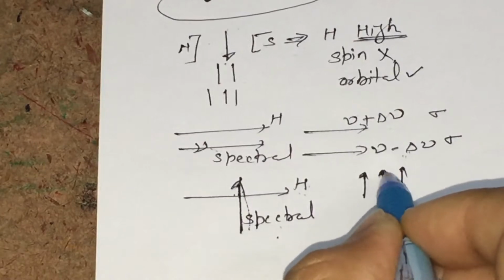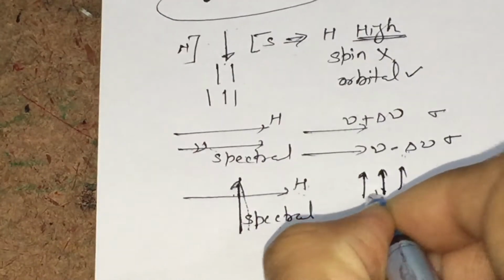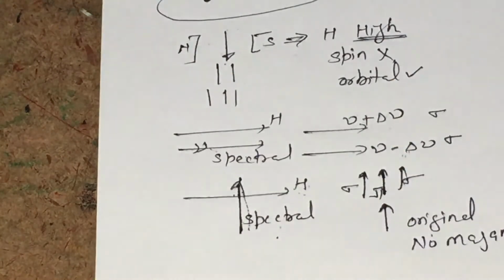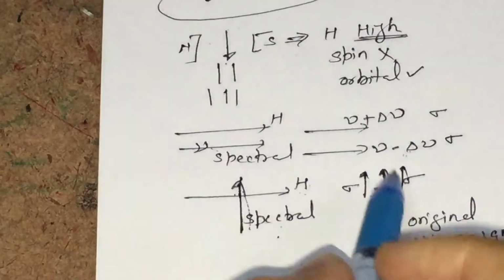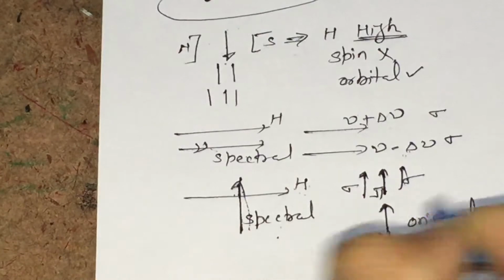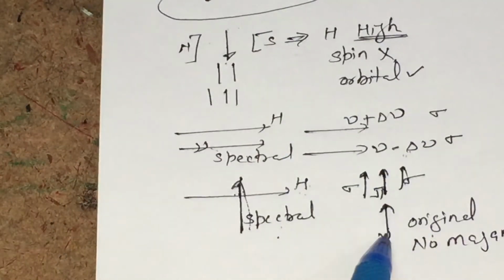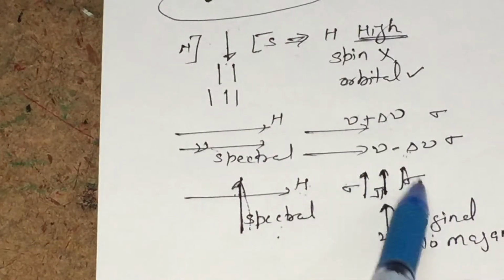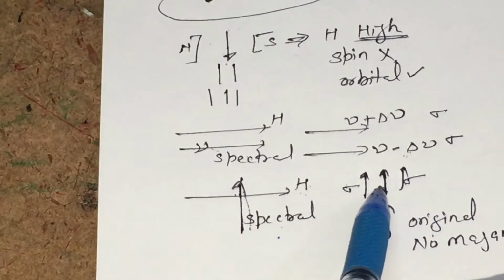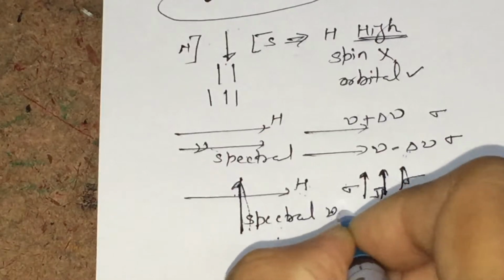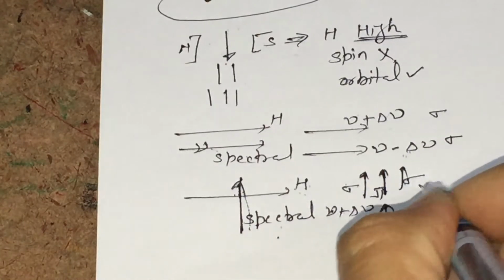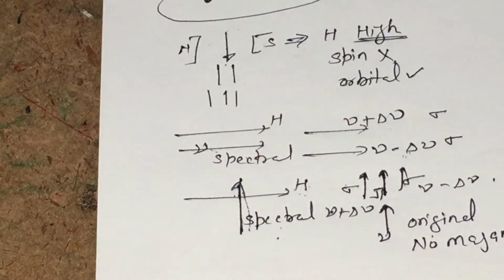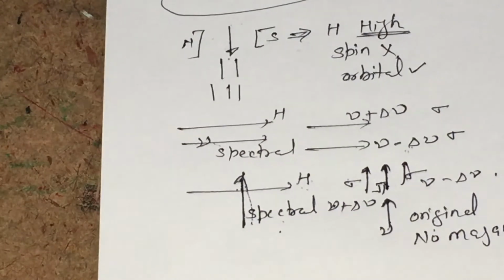The middle component is known as the pi component, and the side components are known as sigma components. The pi component has the same frequency as the original spectral line, and the two components on either side of it, one has a smaller frequency and the other a larger frequency by the same magnitude.